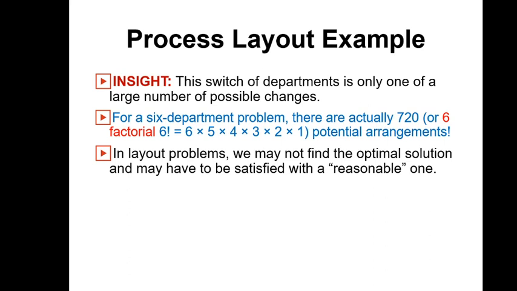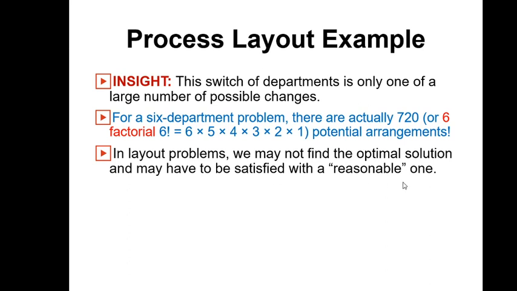Of course we cannot try all of them, we do it by trial and error. So in our example here we only tried 2 solutions, 2 possible assignments of the 720. Now in layout problems we may not find the optimal solution. We are not saying the 480 we found is the best solution, but at least it is a reasonable one.